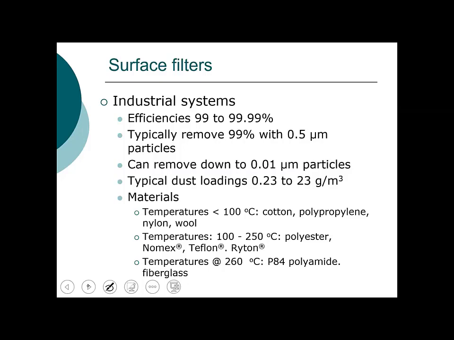At higher temperatures, you're looking at polyamide or fiberglass. You can also look at ceramic materials, and these can be produced in a way that they are sufficiently porous to be used.